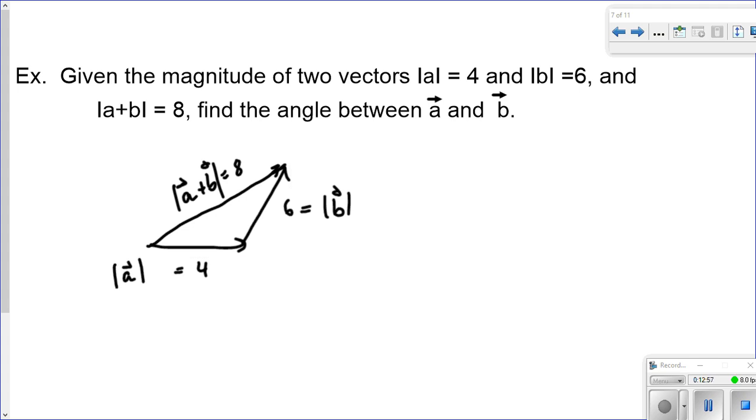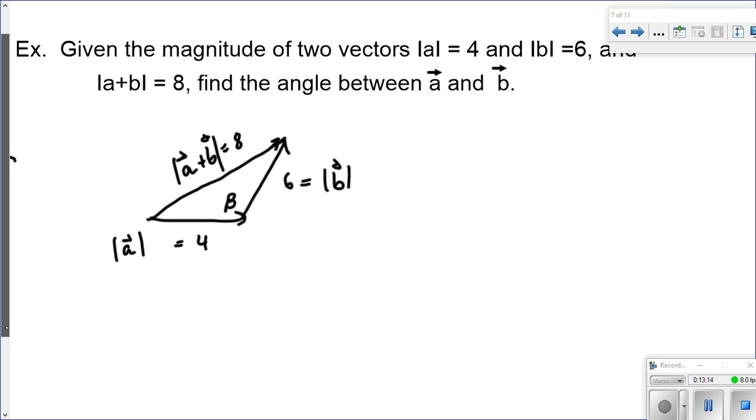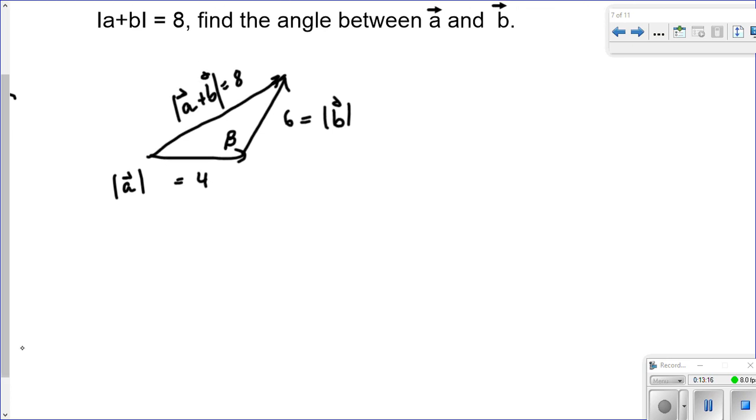All right, I want to find the angle between A and B, and that's probably this one right here. Well, what do I have here? I can certainly use three sides, and if I have three sides, I can use the cosine law, and the cosine law, okay, is back to two slides here.